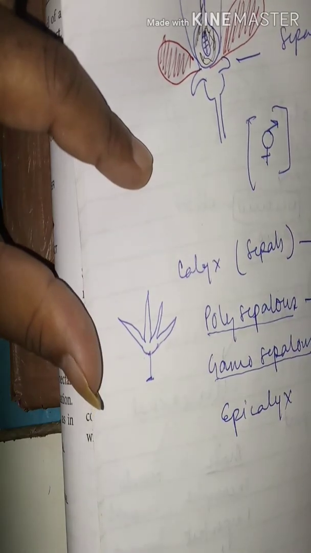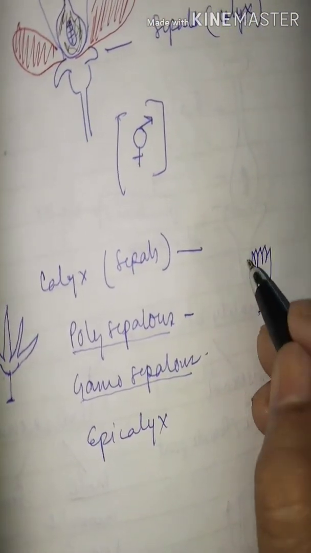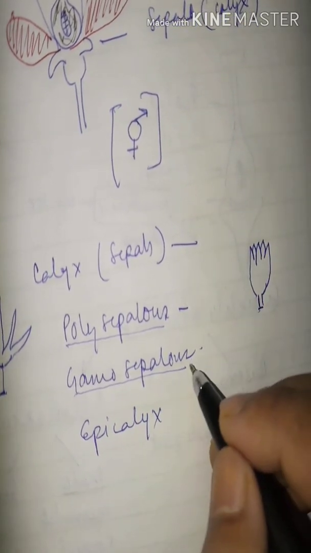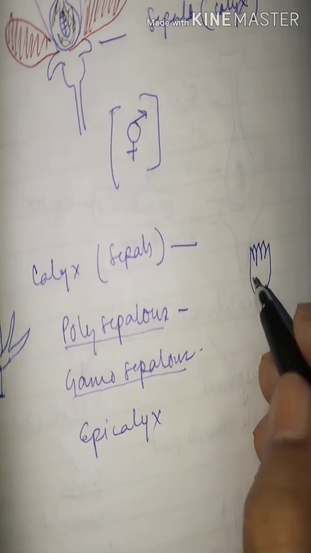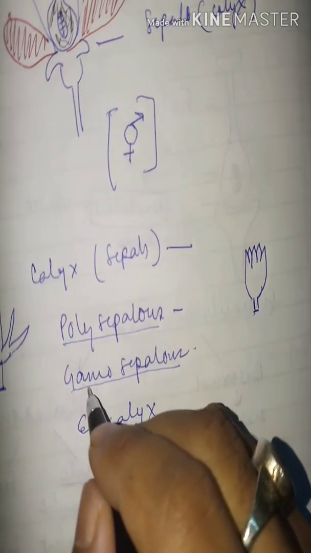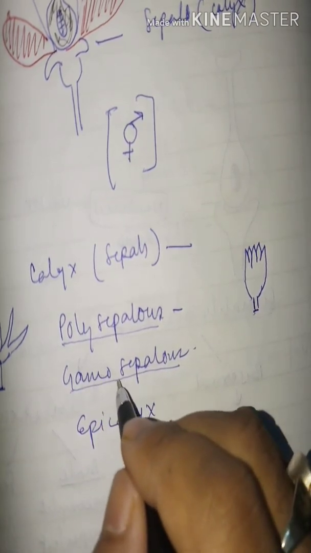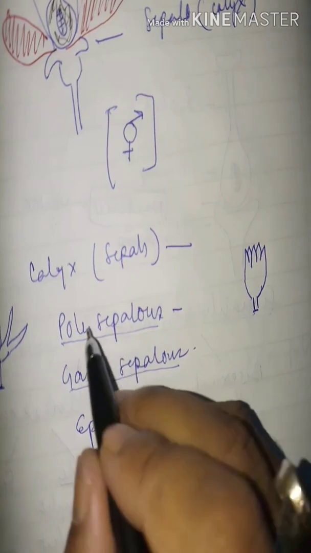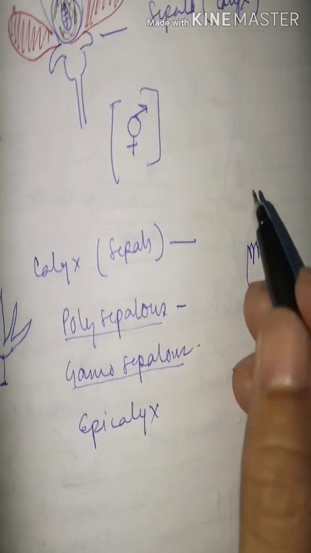And if all the sepals are fused with each other, such sepals are known as gamosepalous, because gamo means fused. If they are free, it is known as polysepalous.